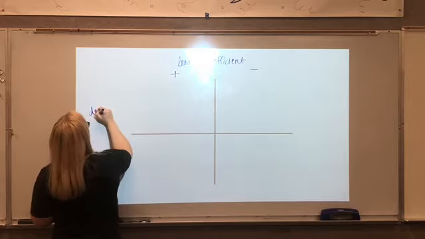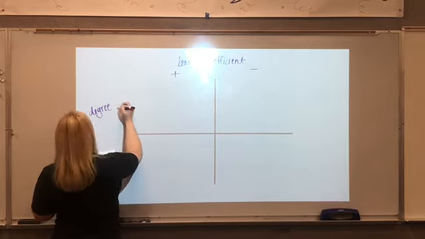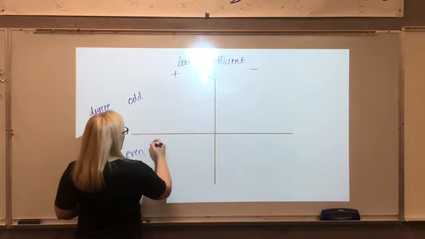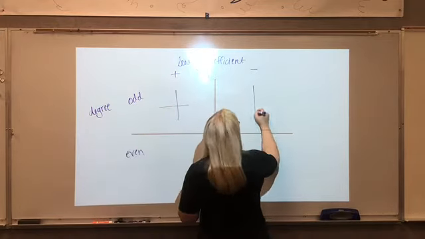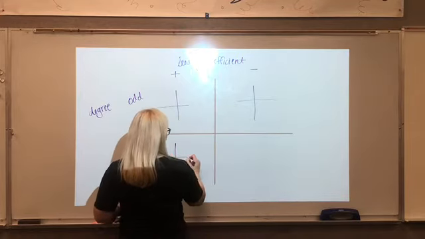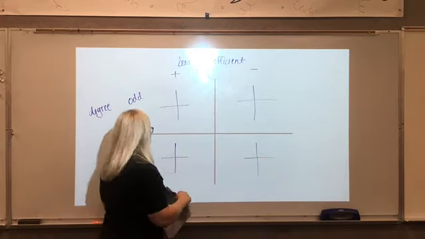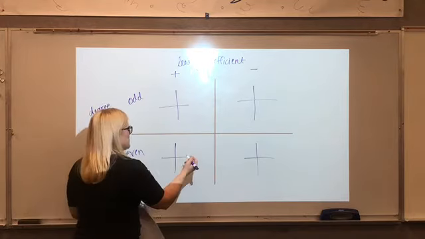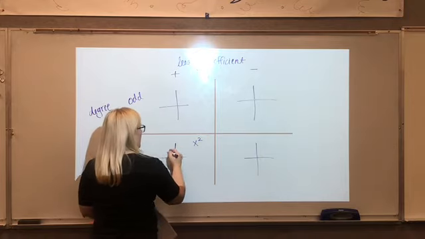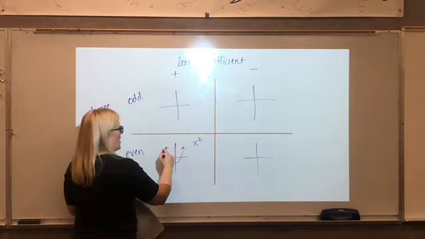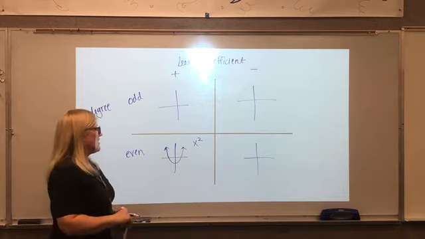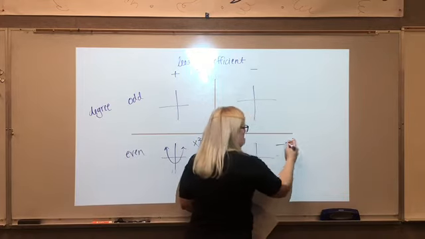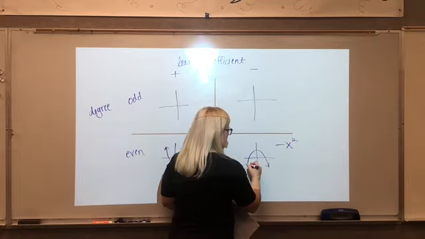This is the degree, if it is odd or even. Let's look at the basic graphs of all of these. Again, the easy one is even. So this would be like x squared, and it goes up. If the leading coefficient is negative, then it goes down, like this.